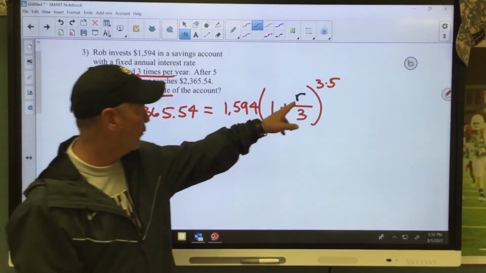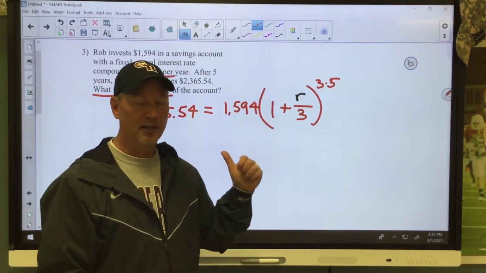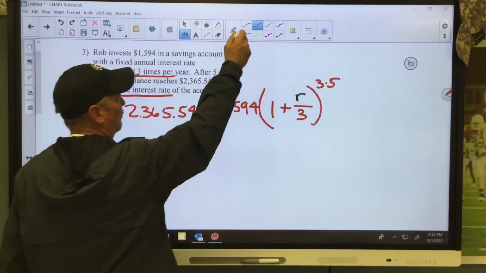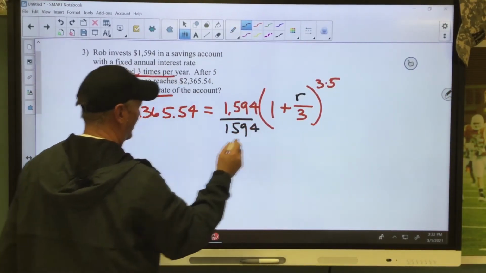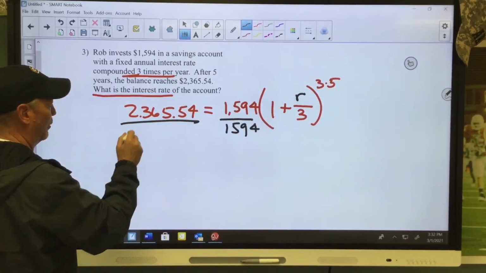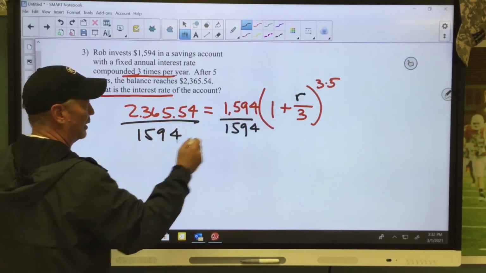So if we're going to solve for R, we need to move things to the other side. So we're going to divide by 1,594. This will cancel.